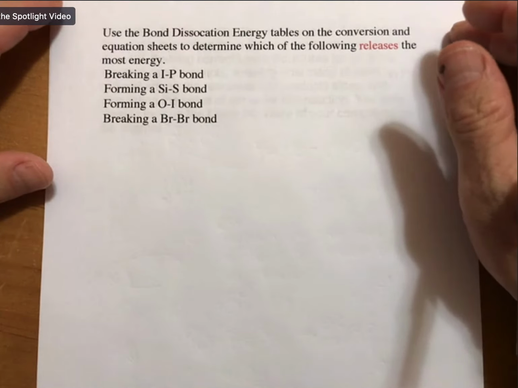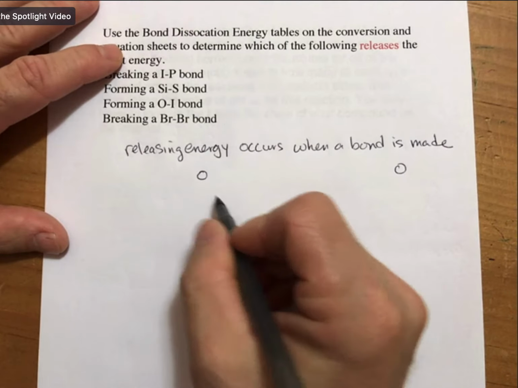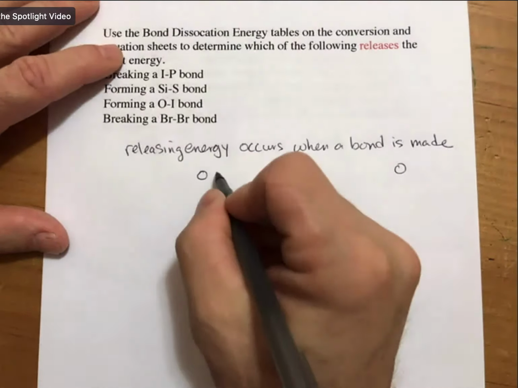And if you go all the way back to the beginning of this lecture outline, when we looked at pictures of a bond forming, we said that if you take two atoms that are very far apart, they will have no attraction, and that when you bring them together, and these are just forming a covalent bond, by the way, not an ionic bond, so these are going to form something like that.